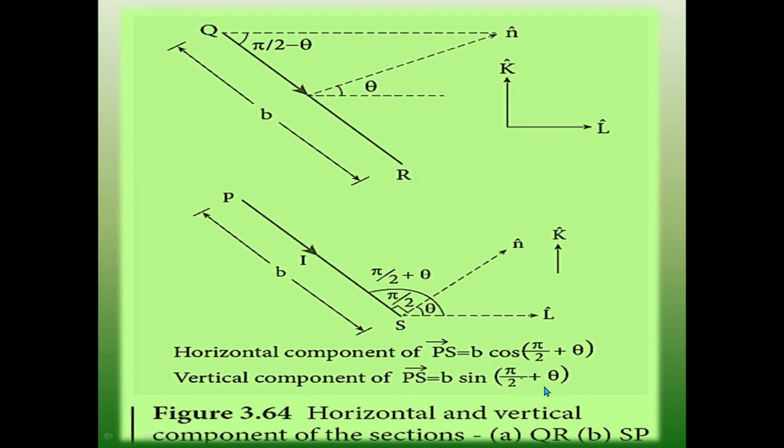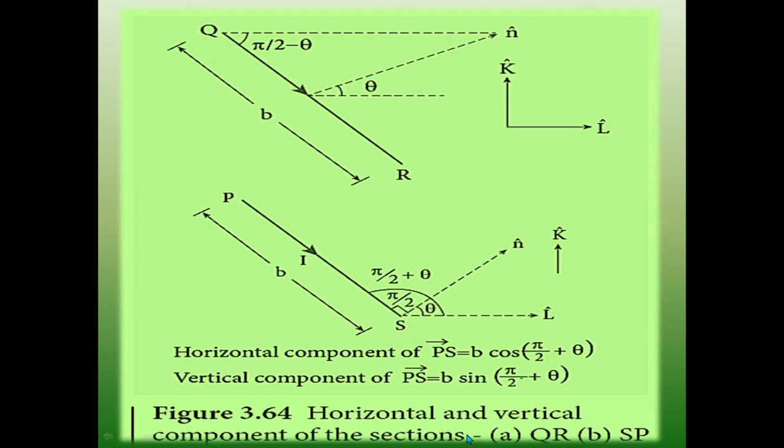There are two components produced by the rotating conductor loop. When the conductor loop rotates between the two powerful magnets, it produces an angle. So the horizontal and vertical components of sections QR and SP.